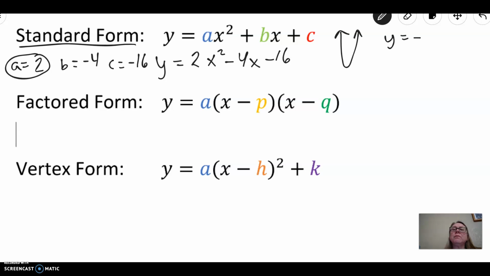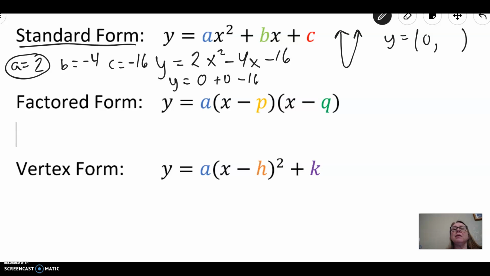The y-intercept is always going to have a value of x that is 0, because anywhere on the y-axis the value of x is 0. So if we substitute 0 in for each of these x's, we have y equals, well, 2 times 0 squared is just 0, and so this term drops out. -4 times 0 is just 0, and then we have -16 left.